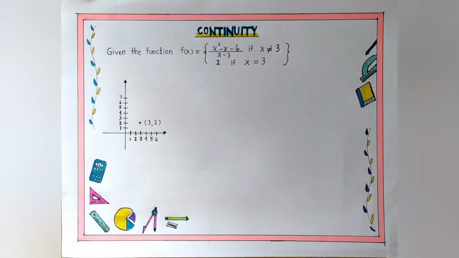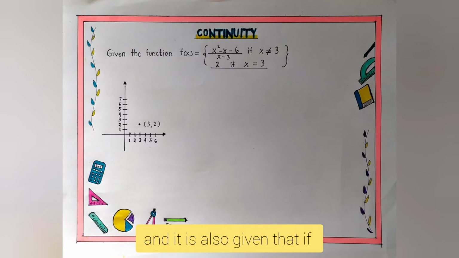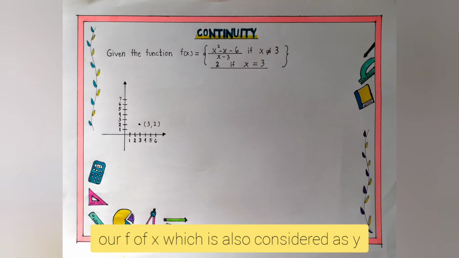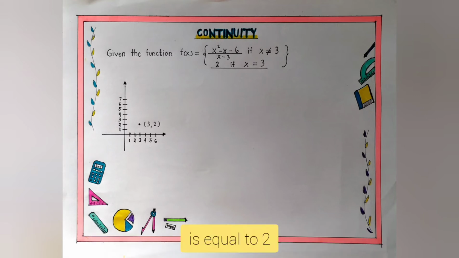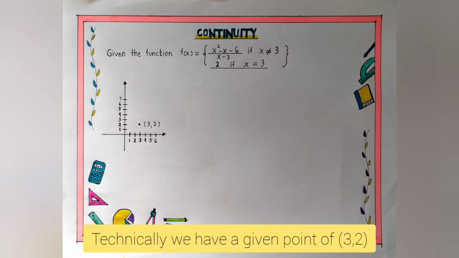As we can see, the value of our x is 3, and it is also given that if x is equal to 3, our f of x, which is also considered as y, is equal to 2. Technically, we have a given point of (3, 2).